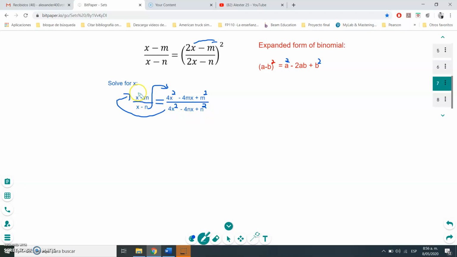Let's start with the first one. X times all of this, and we will get the following answer. We will have 4x to the power of 3. Then x times minus 4nx, that would be minus 4nx squared.